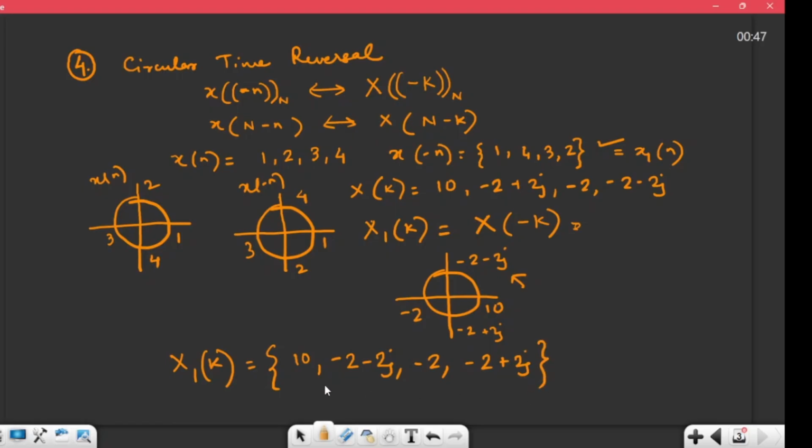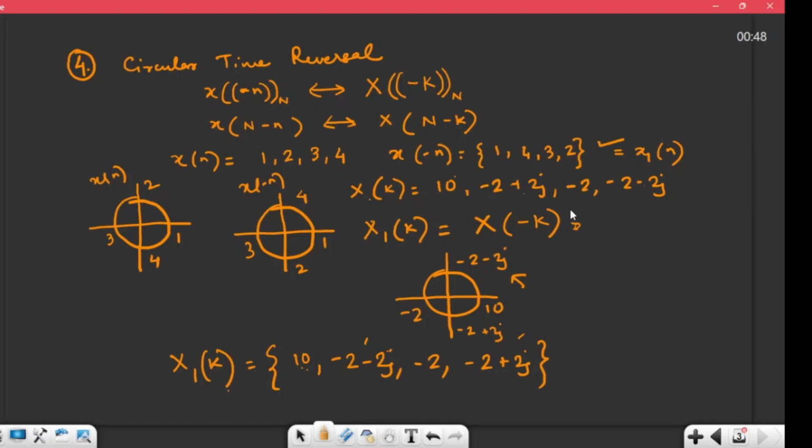One thing you have to observe here: when the sequence is circularly reversed, only these two positions are changed, but the other positions, 10 and minus 2, remain intact. What is the difference between X(k) and X1(k)? 10 remains the same. The second and fourth positions have interchanged with each other.